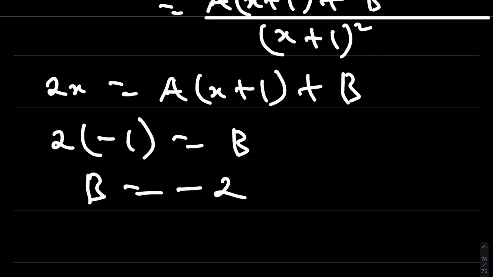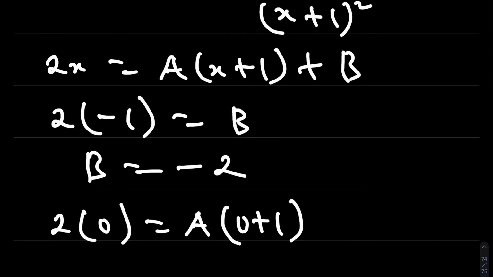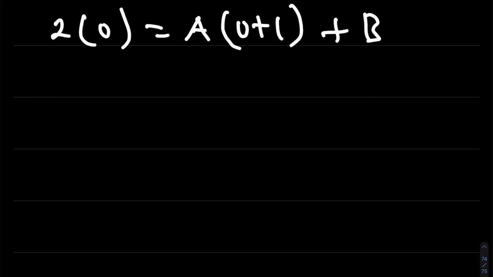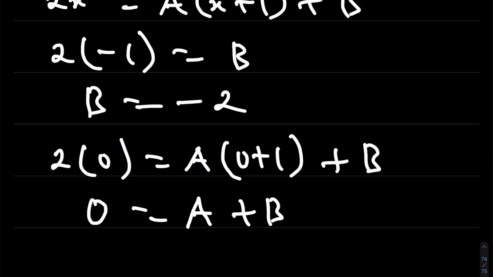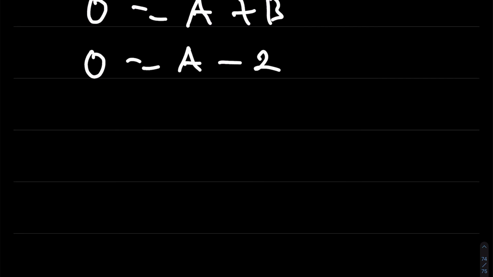Now if we put x equals 0, 2 times 0 will be equal to a times 0 plus 1 plus b, and that simply means 0 equals a plus b, and I already know b is minus 2. That means 0 equals a minus 2. If I bring minus 2 to the right hand side, it becomes plus 2. So that means a equals 2.